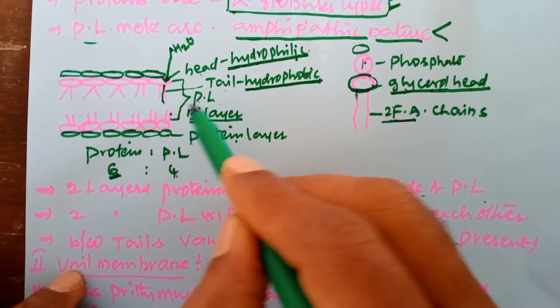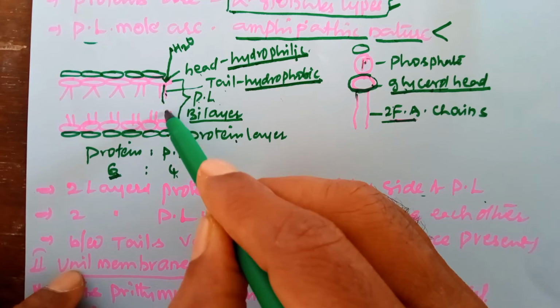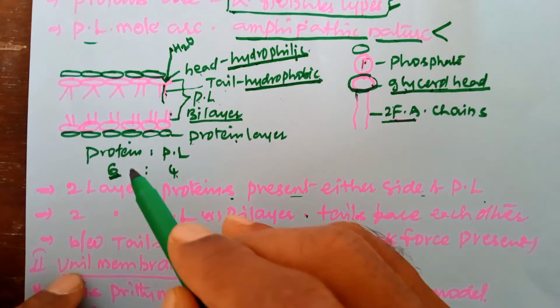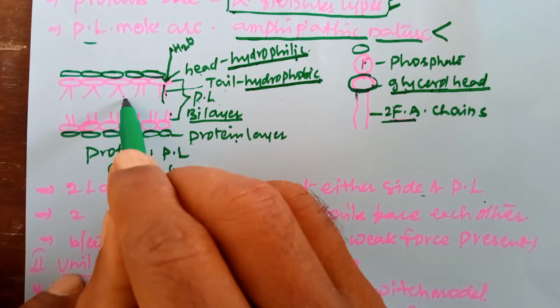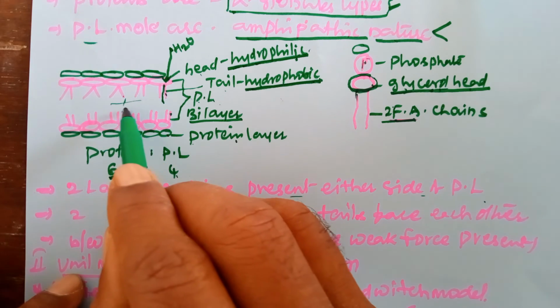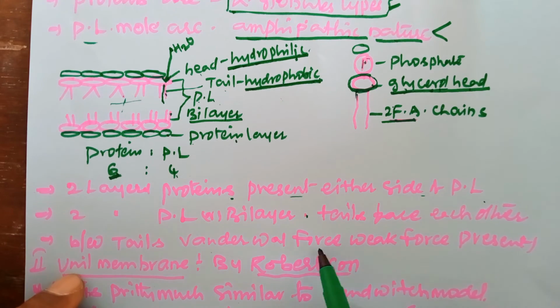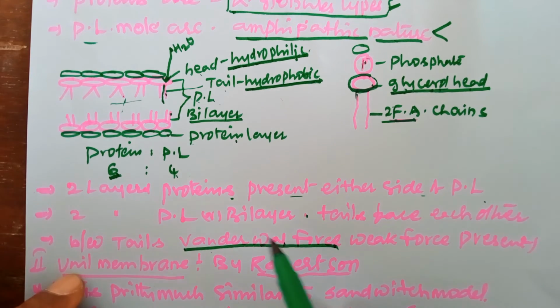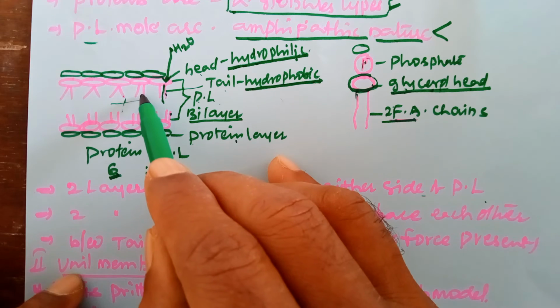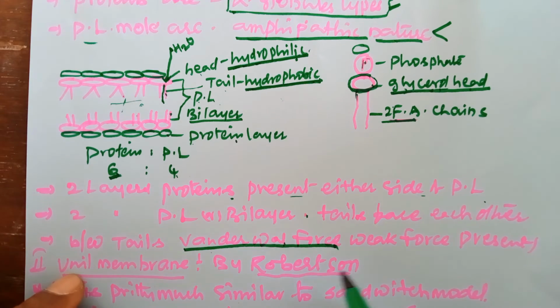In this phospholipid bilayer, two tails face each other, and between the two tails a weak force is present. That weak force is called van der Waals forces. So this is very important. Van der Waals force is present between two tails.